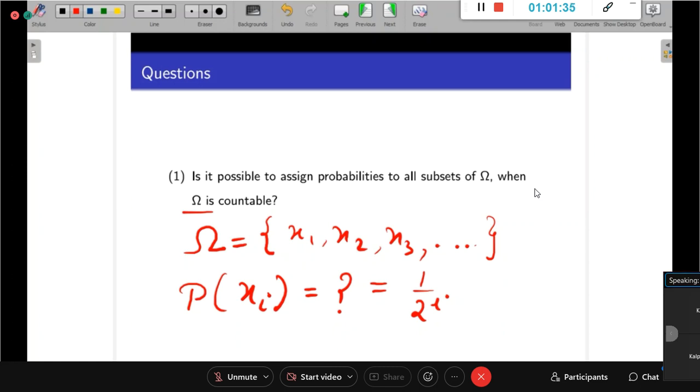Rolling a dice until 6 is observed. No, it's still countable. We can't connect omega with the natural numbers in one-to-one correspondence.